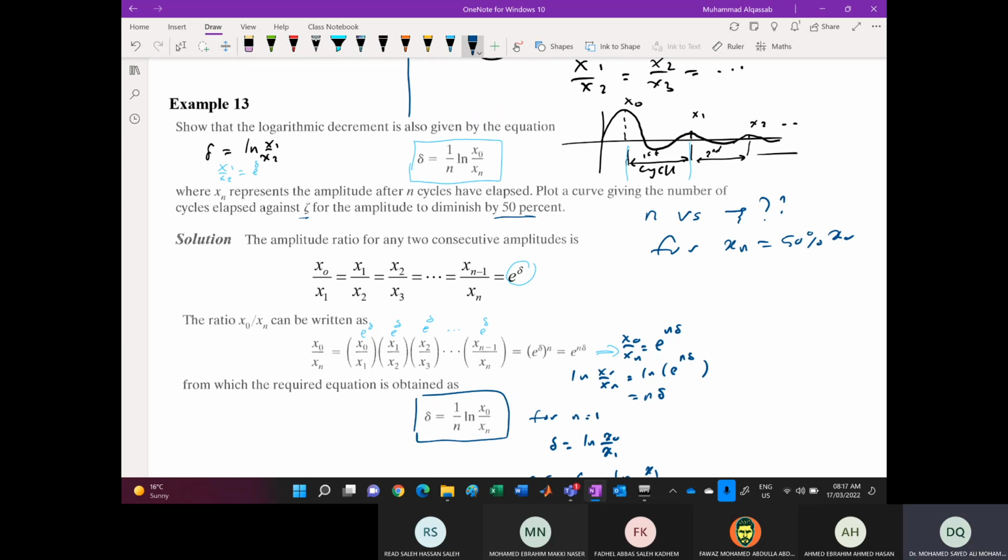But sometimes the question says find that it diminishes to or diminishes by 20%. By, so how much is it? It is 80% of x0. But if it says reduces to 20%, it is 0.2 times x0. Okay, so 50% means this is 0.5 x0.